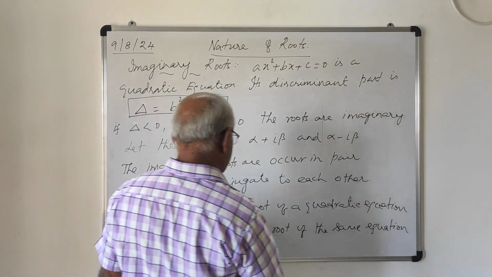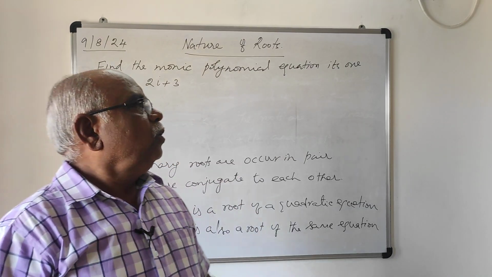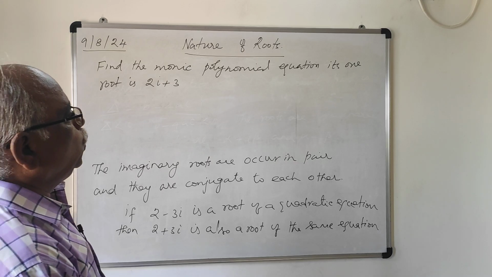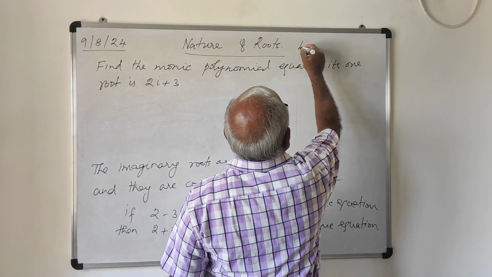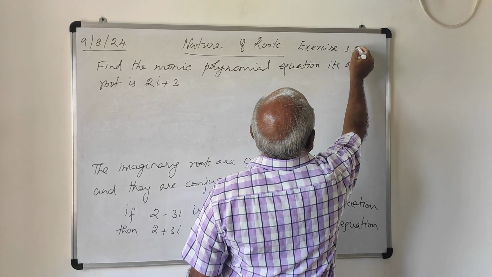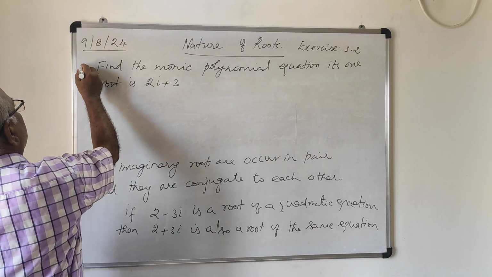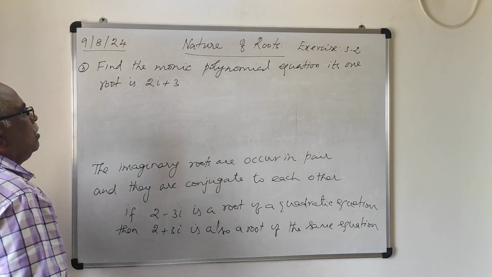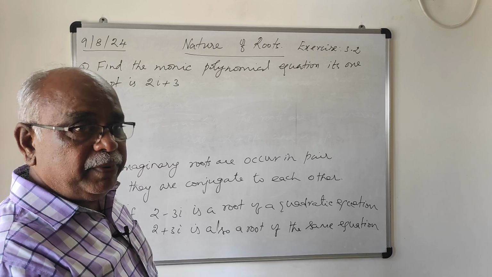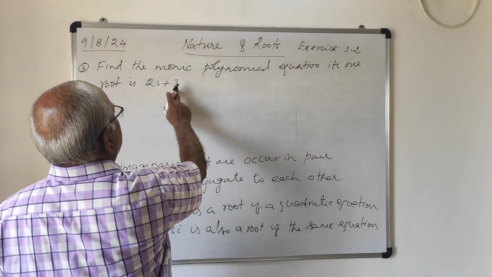This is the nature of the imaginary roots. Okay? Now, we are going to solve one problem in exercise 3.2. Problem number 3. Find the monic polynomial equation of minimum degree with rational coefficients, if one root is 2i plus 3.